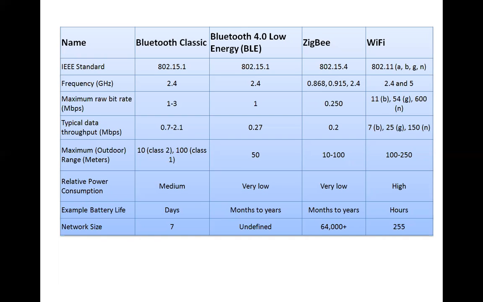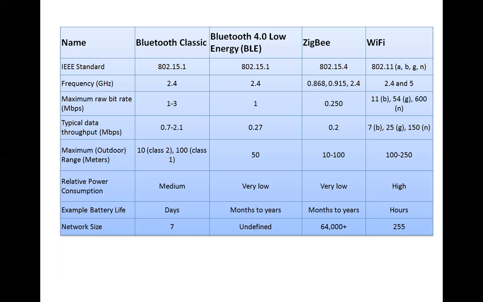So here you can see Bluetooth Classic in the first column, then Bluetooth 4.0 Low Energy in the second one, then the third is Zigbee, and the fourth one is Wi-Fi. Now all of them follow IEEE standards, but which standard depends on the technology.